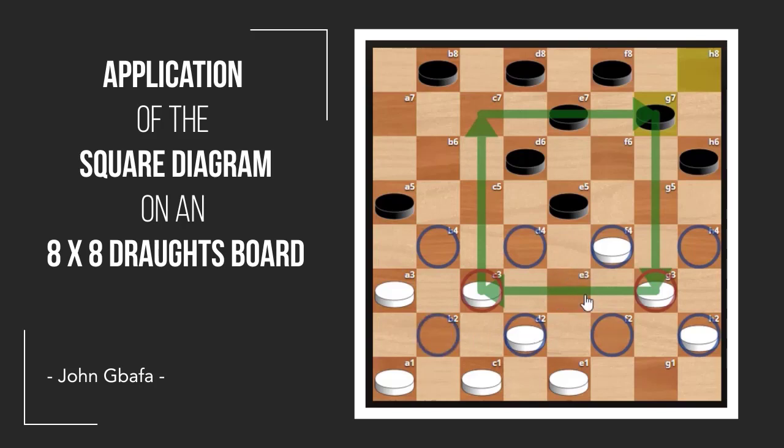We see that the center, that is E3, has control over these 4 key squares: D4, F4, F2, D2. That is why I took this position. I'll have control over the 4 key squares we have here. So I move D2 to E3.